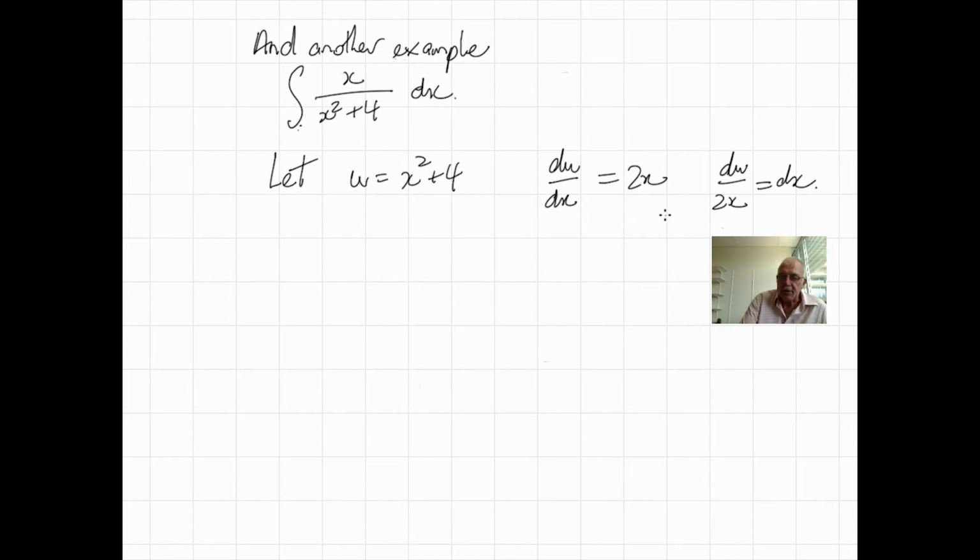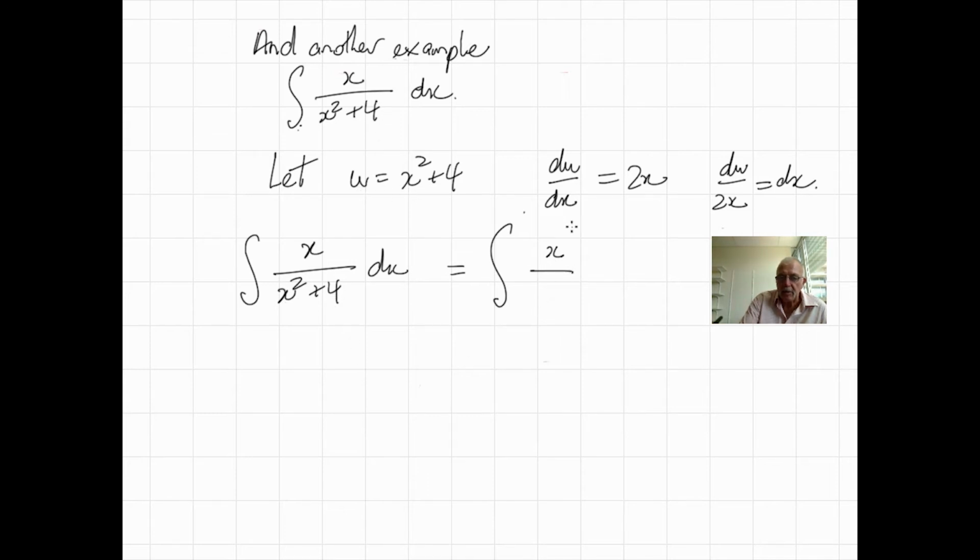So what we do now is make the substitution. The integral we're asked to do, x over x squared plus 4 dx, will be equal to, as I said, there's no upper and lower, so we do the substitution without them. We just leave that x there as itself, over, now what is x squared plus 4?